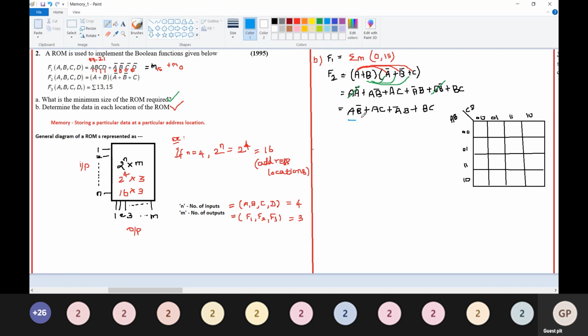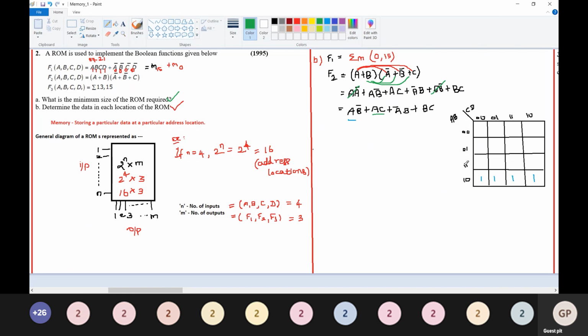Now if you take A B dash, A into B dash, you should have four ones like this, so that you get a product term like A B dash. Similarly, second one, AC.